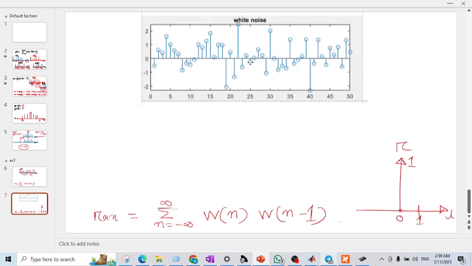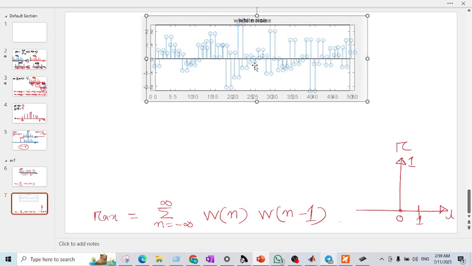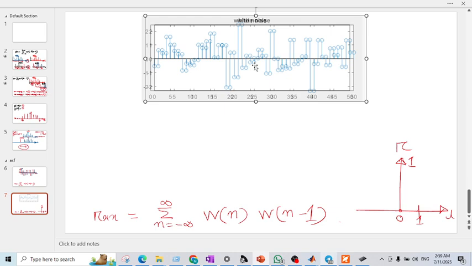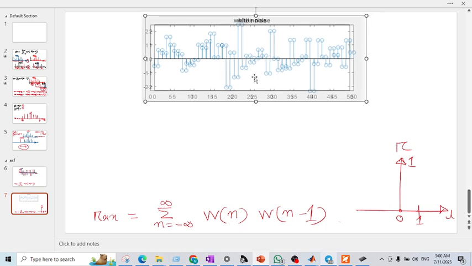Let's shift this picture to the right, because W[n minus 1] means I have to shift this picture to the right.